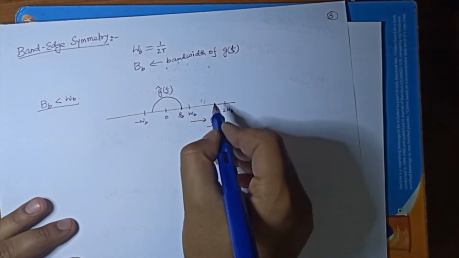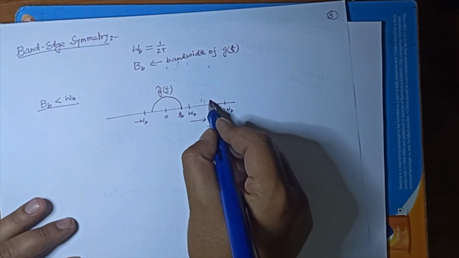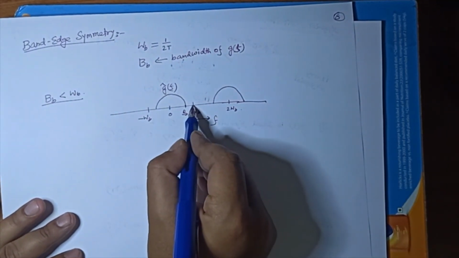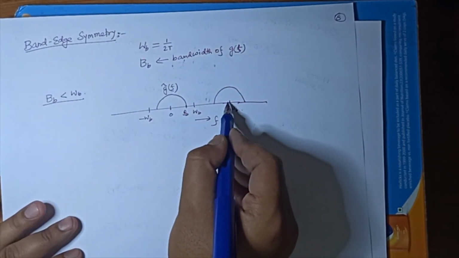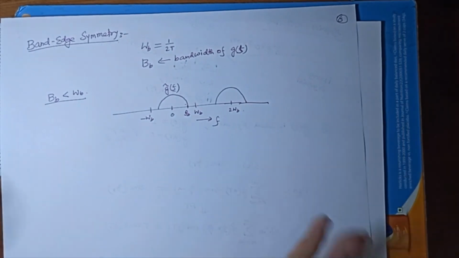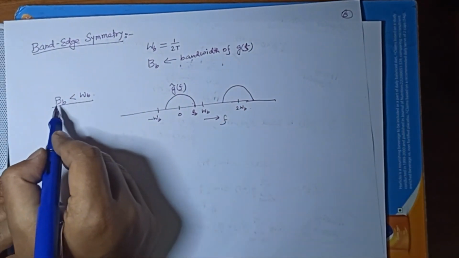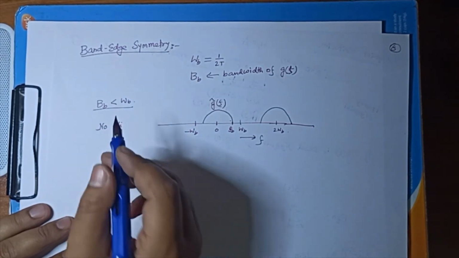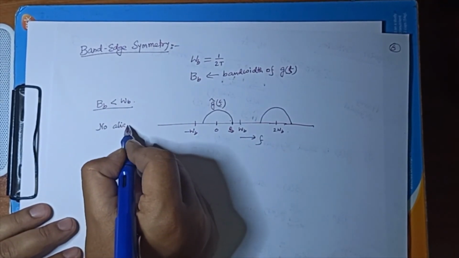So it will be replicated next around this. But since this is within that WB length, up to WB, there will be no overlap, so there will be no aliasing at all. In this condition, no aliasing, and this is exactly what is used in sampling, isn't it?